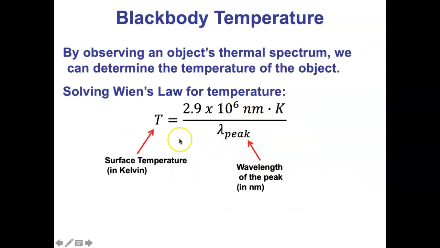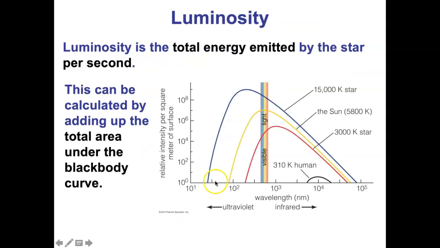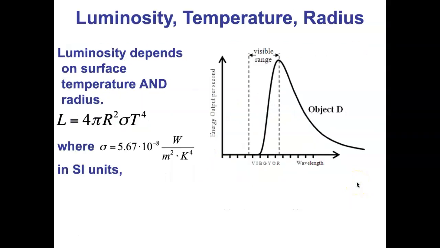That's why we're able to use this to figure out the temperature, because the peak wavelength is only determined by the temperature. It doesn't tell us anything about what the star is made of. All we know is it's dense and it has this temperature. And if we can add up the full area under this curve, we can get the luminosity.